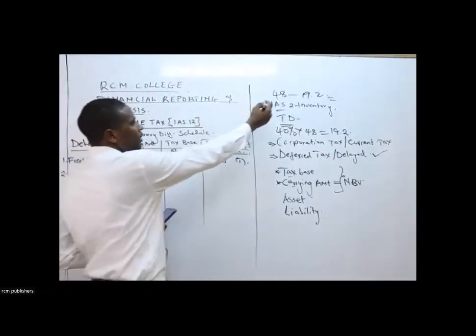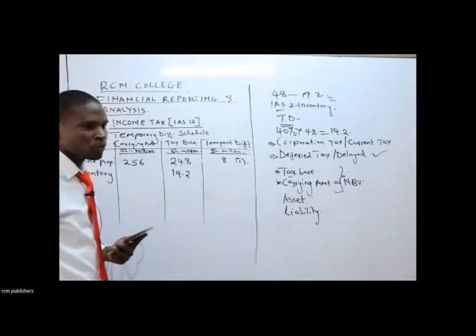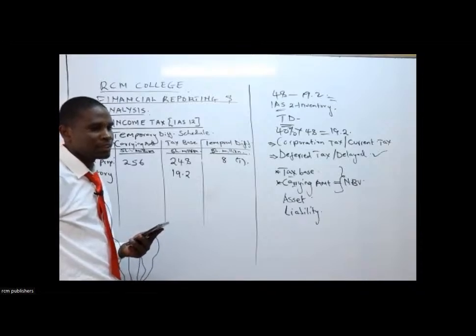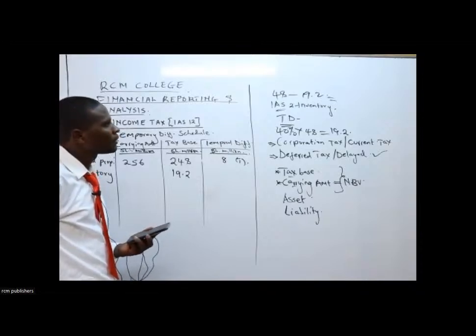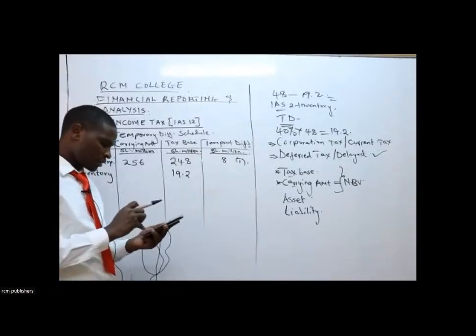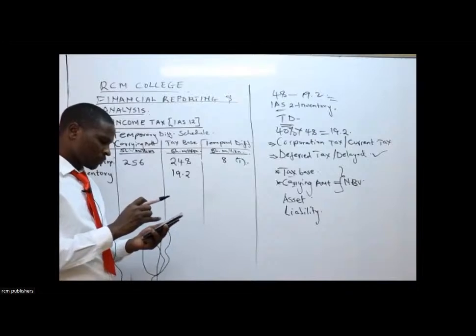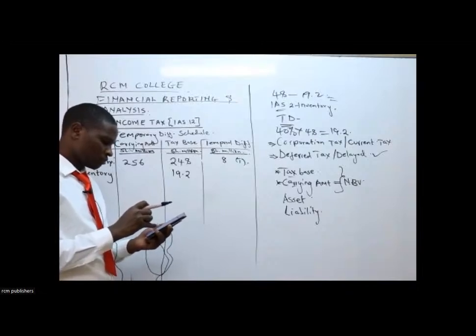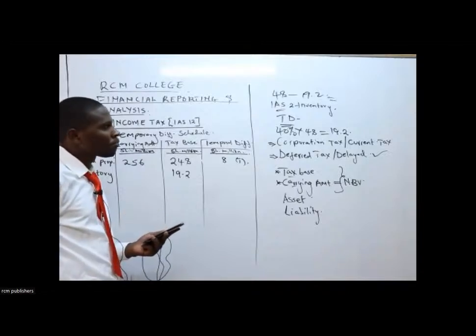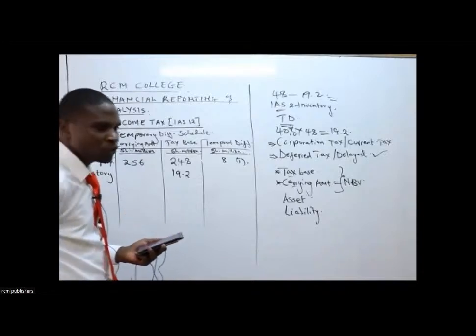How much will it give us? 48 minus 19.2, that is what we are looking at. How much shall we get? Let's see, 48 minus 19.2. No. Is it 48 or 32?